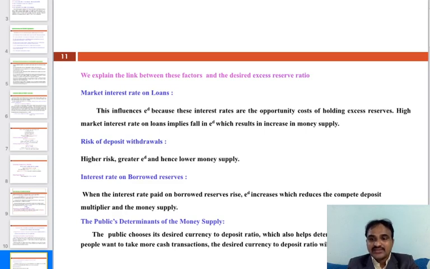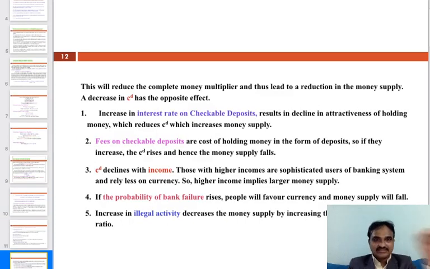For example, in this pandemic situation, people wanted more cash, and instead of e-transactions they may prefer cash transactions. Then what will happen? The desired currency to deposit ratio will automatically increase. This will reduce the complete money multiplier and thus reduce the money supply. A decrease in the currency deposit ratio has the opposite effect.